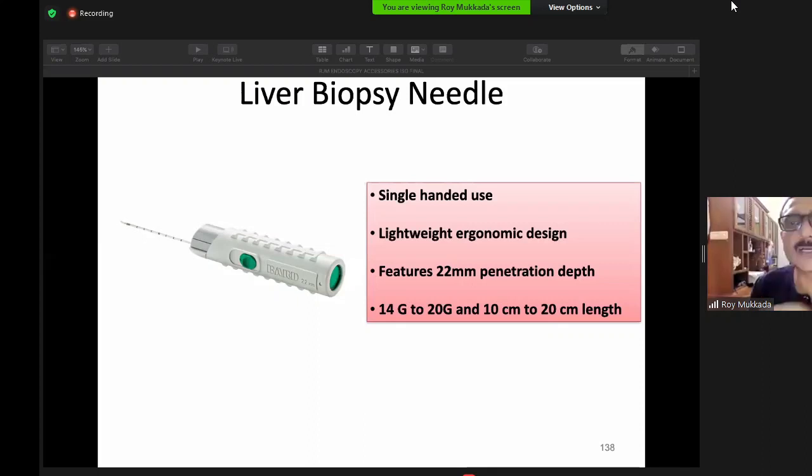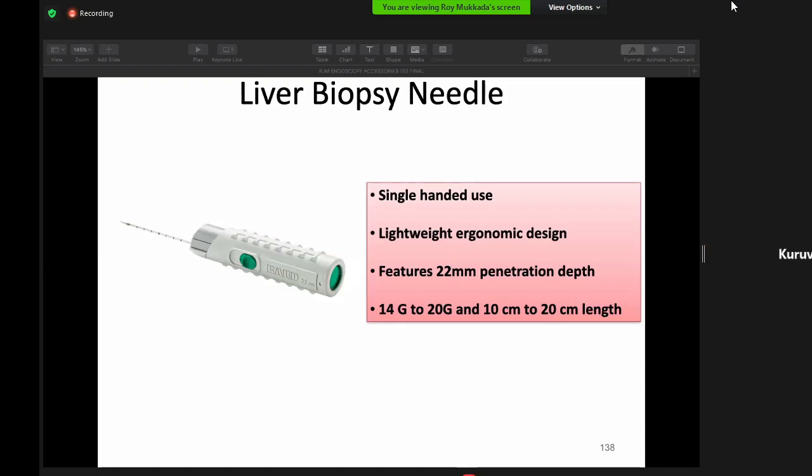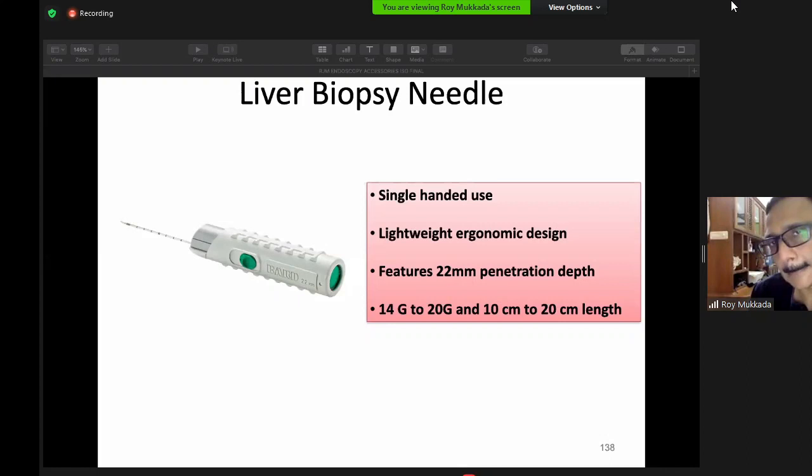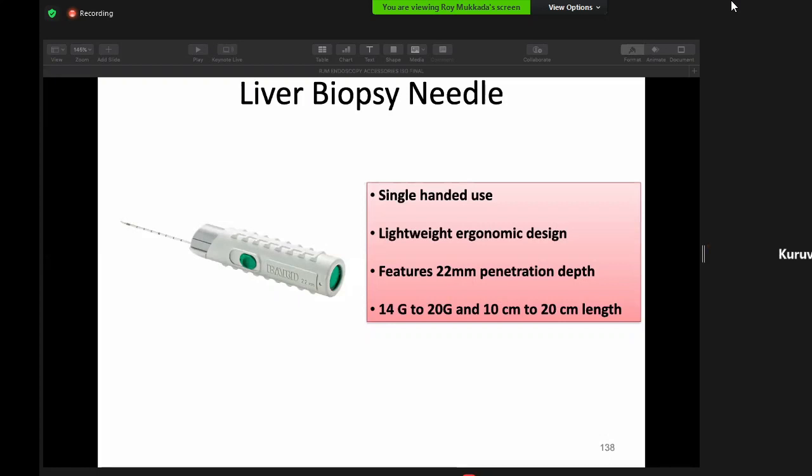Suppose there is coagulopathy and ascites. In what way can you take a biopsy? Transjugular biopsy, sir. Any other way? US-guided liver biopsy. What are the other methods of obtaining liver tissue other than percutaneous?